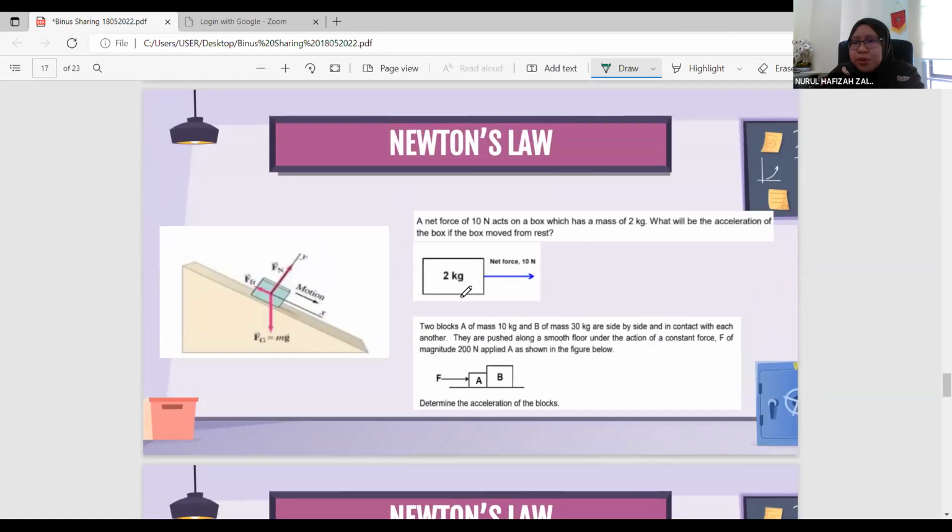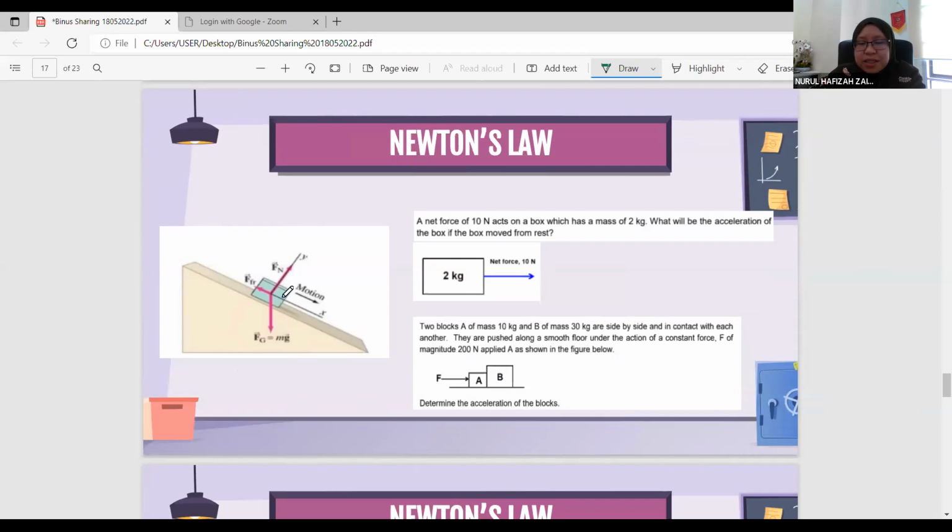Then we move on to Newton's laws. This one is a simple example. A box is on an inclined plane. Normal people see there's only a box, but as a mathematician, you need to see through the situation. That's not just a box.